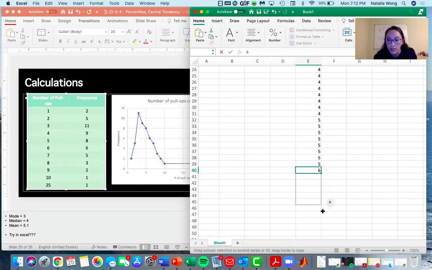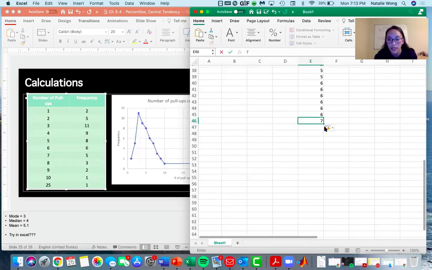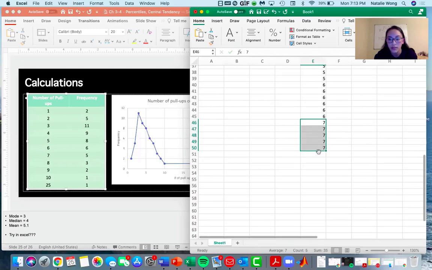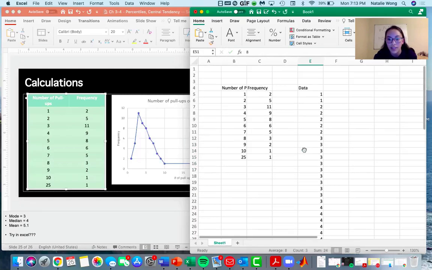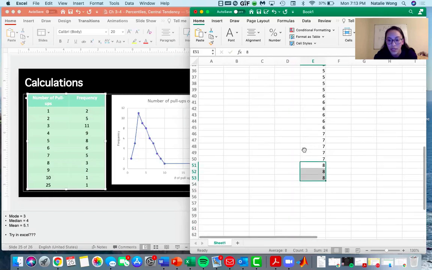And then you just build this ranking system. 7 shows up 5 times. 8 shows up 3 times, and I really apologize if you get motion sick when you look at a screen moving. That's torturous. 9 shows up 2 times.